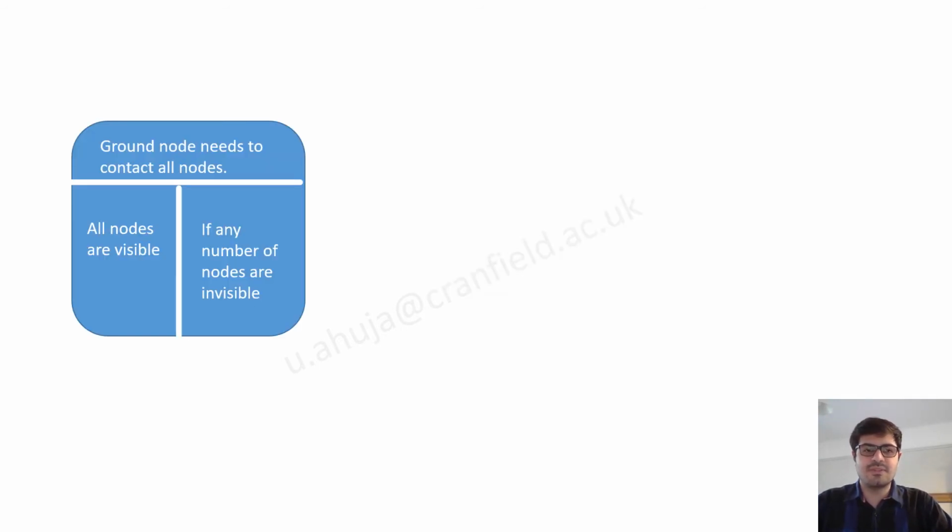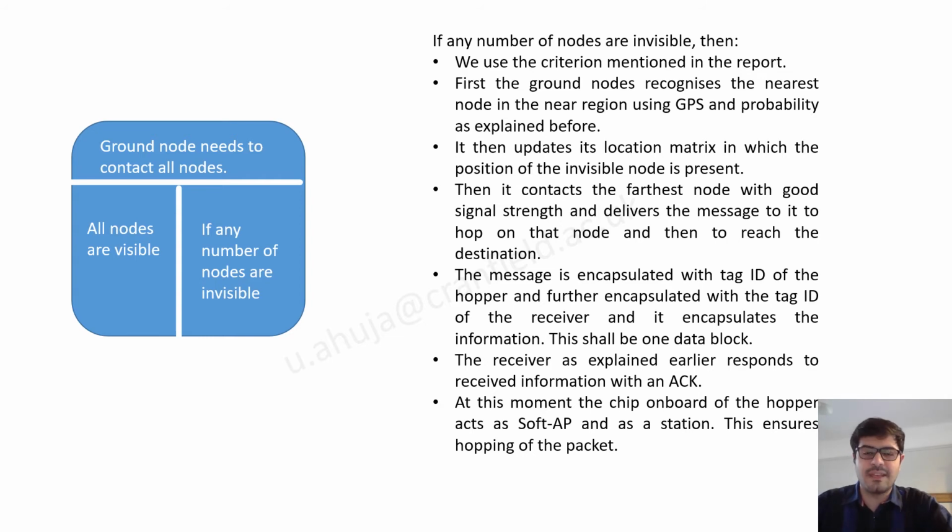The ground node needs to contact all nodes. If any number of nodes are invisible, then we use a criterion mentioned in the report, which is the report we created for our project file. The report had the methodology there, and we explain more of that here.